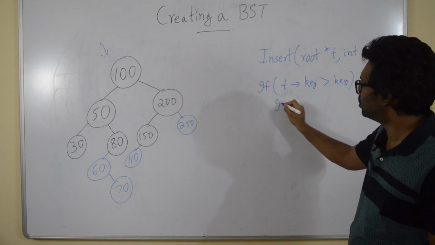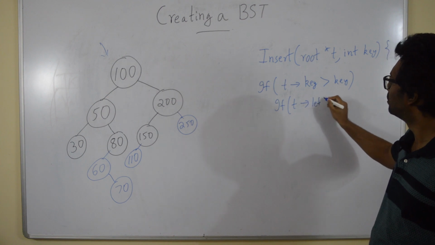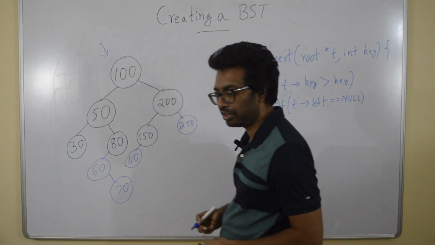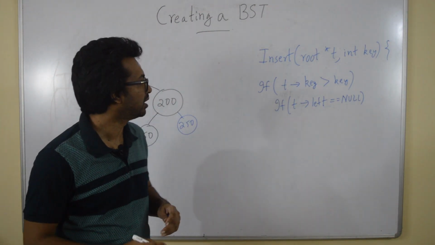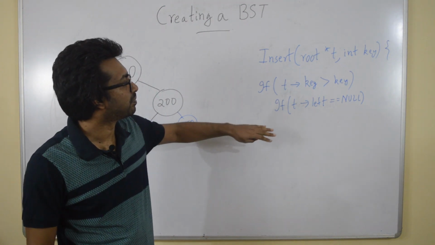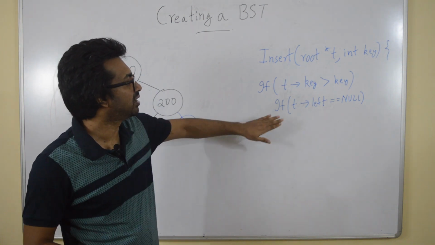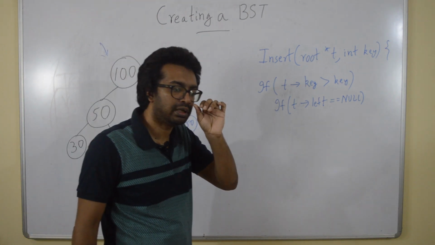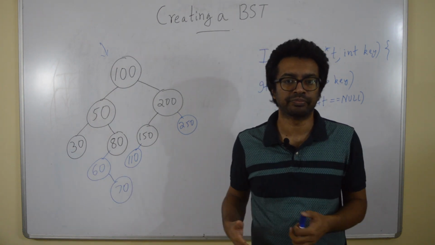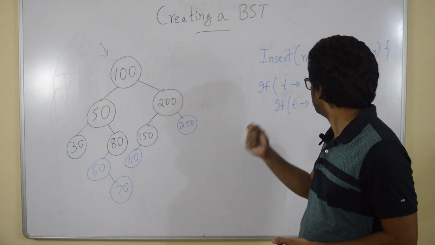I have to do two checks. I have to see whether t dot left is equal to null. Now, if this is equal to null, what does it mean? It means that I have reached the end, and there is no more element to traverse in this left direction.